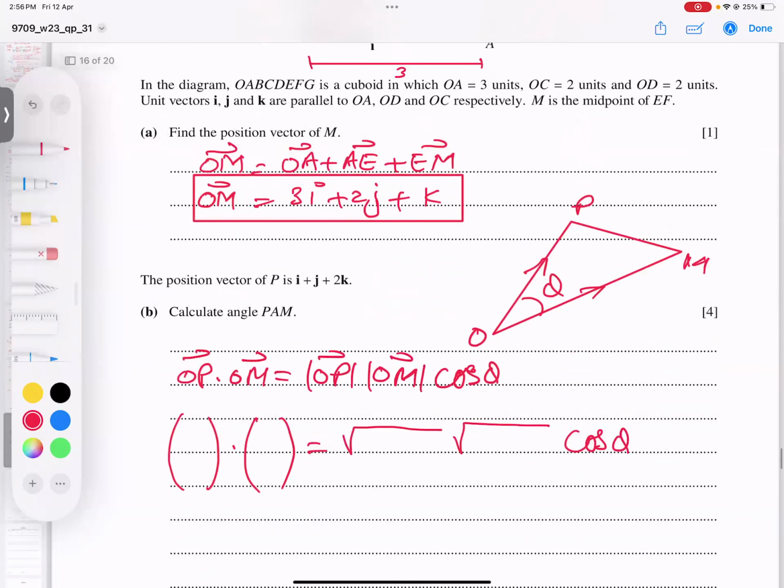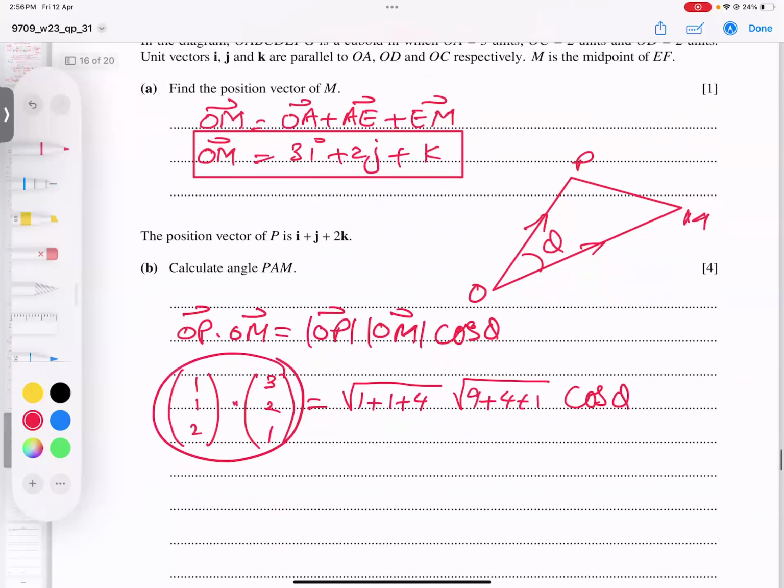And students, what is OP? OP is this one, so I'm writing 1, 1, 2. And OM is coming from here, 3, 2, 1. And basically the magnitude comes here: each number squared and added, like the Pythagoras theorem. 1 squared plus 1 squared plus 2 squared is 4. Same story here: 3 squared is 9, 2 squared is 4, and 1.